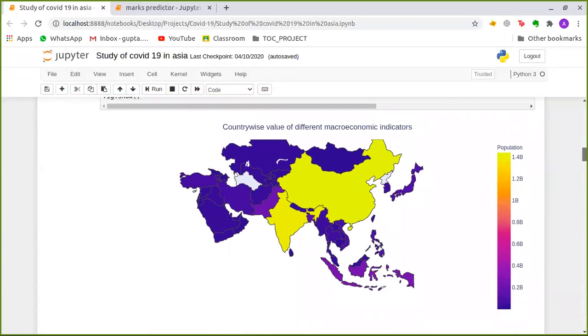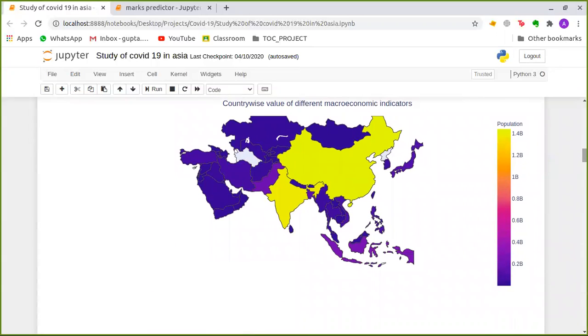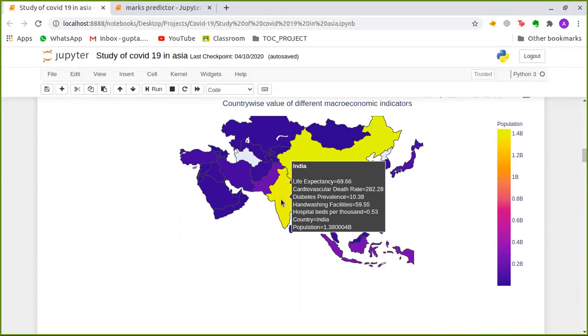The second is an Asia political map, which shows different macroeconomic indicators. If you hover over a country, for example India, it has a life expectancy of 69.6 and other cardiovascular death rates, diabetes prevalence, and washing facilities. This is of great analytical significance, as it has certain physiological parameters that are important for healthcare sectors, like cardiovascular death rate and diabetes.